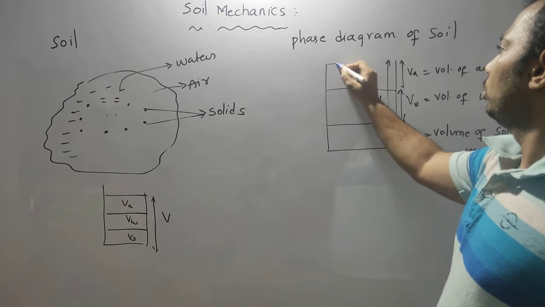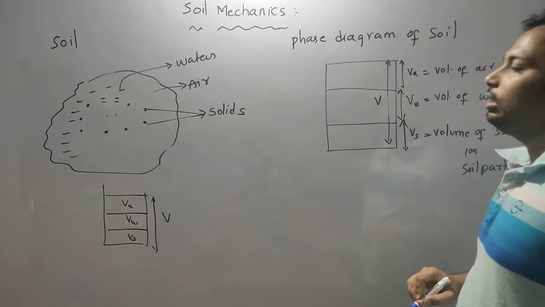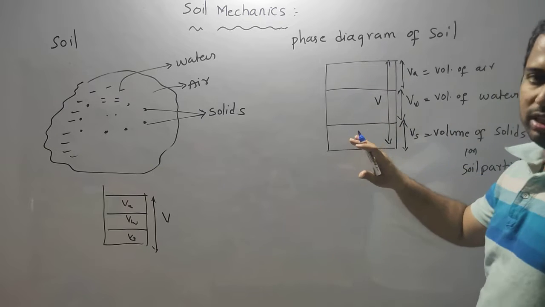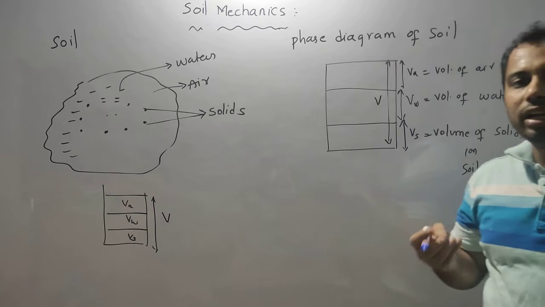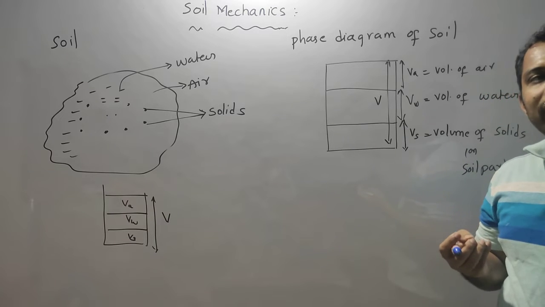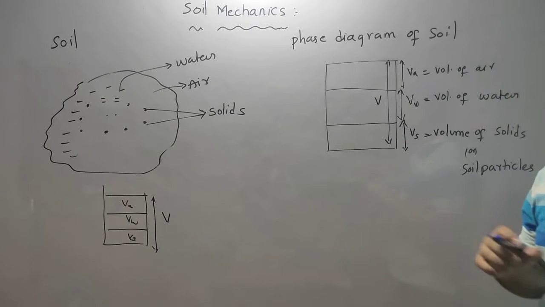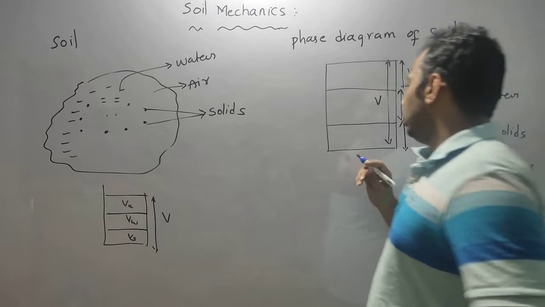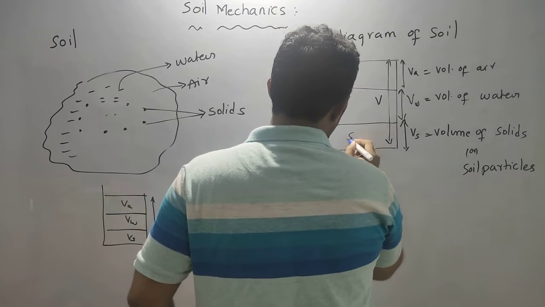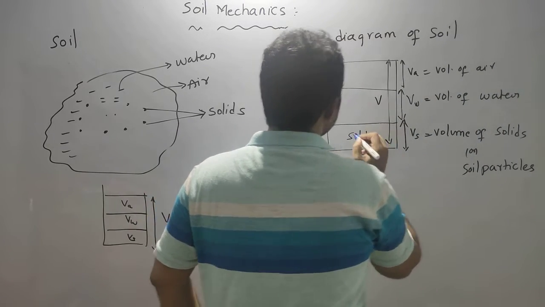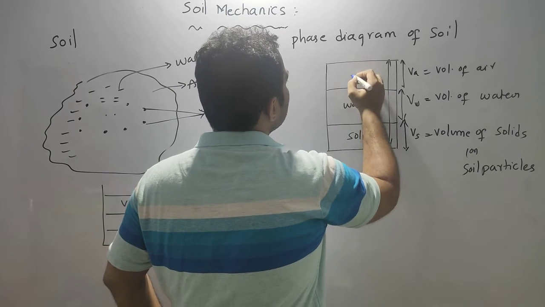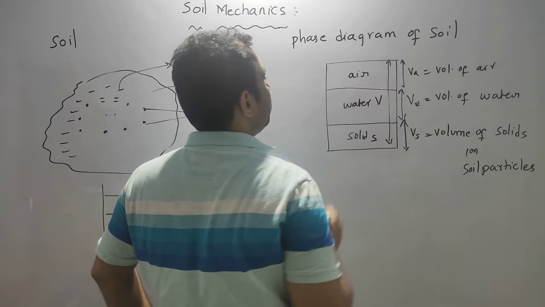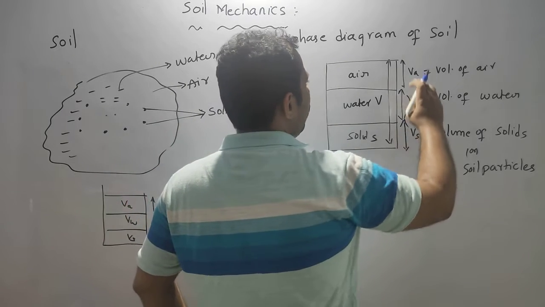So if I close it, this is the phase diagram. For our easiness of calculation, we use this phase diagram. So now this is solids, this is water and this is air. So these are the volumes.